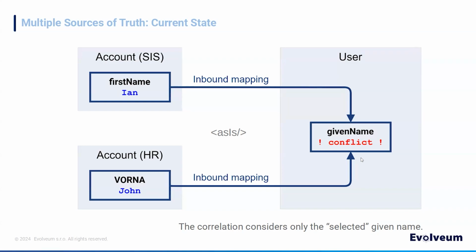But if there is a difference, like Ian in SIS and John in HR, reconciliation would crash with an error stating that it's not possible to put two values, John and Ian, into a single valued given name user property. I'm sure that you know this situation very, very well.